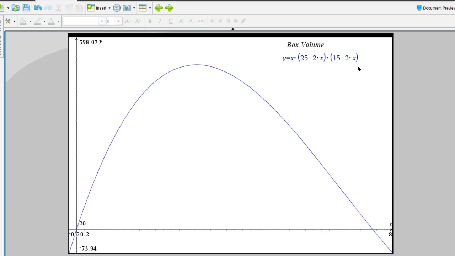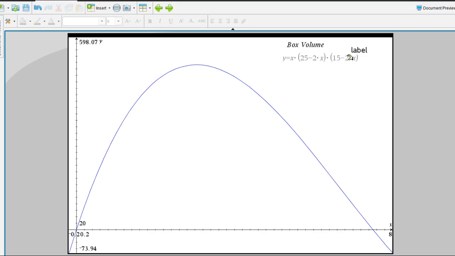It's graphed in a nice window that shows what we're interested in. This is primarily a quadrant 1 graph, and we go from x being 0 all the way over to x being less than 8 here. That must be 7.5 in fact, because of this restriction. 7.5 would be a 0 of this volume function. So this whole region in between here is what we're interested in for our analysis.